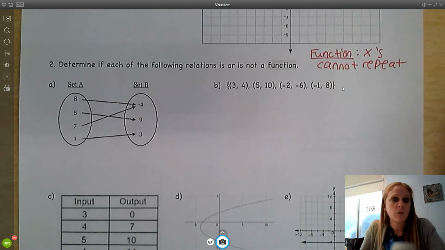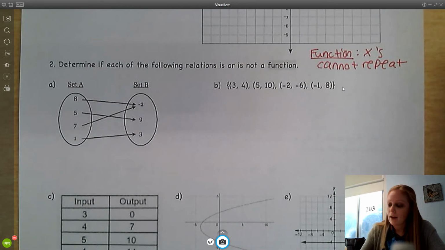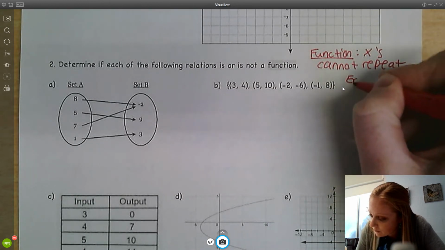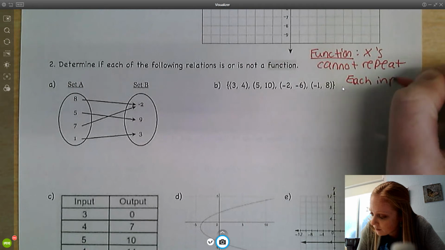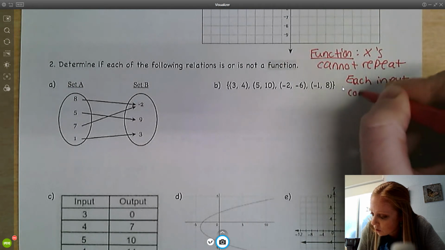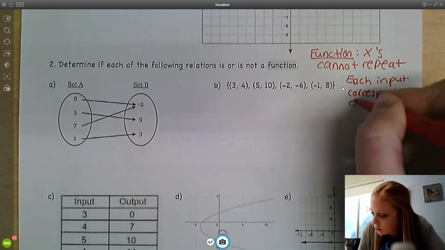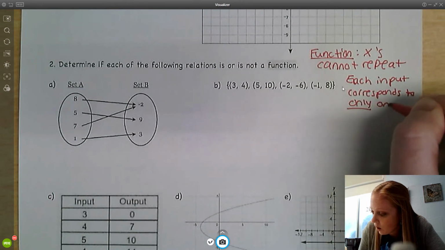The x's cannot repeat. Now, that's the easy way to remember it, but you also need to understand the mathematical definition, which is that each input corresponds to only one output.